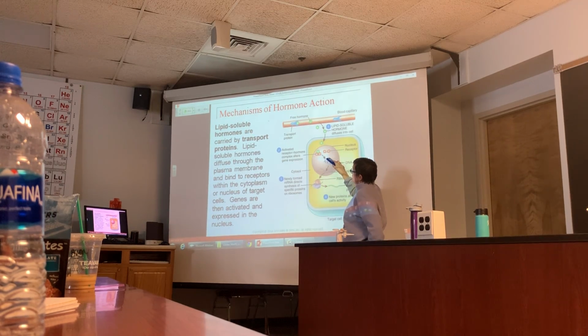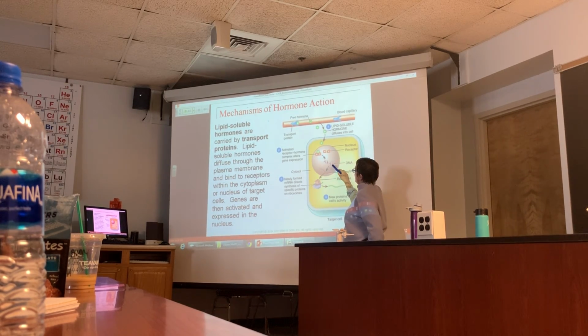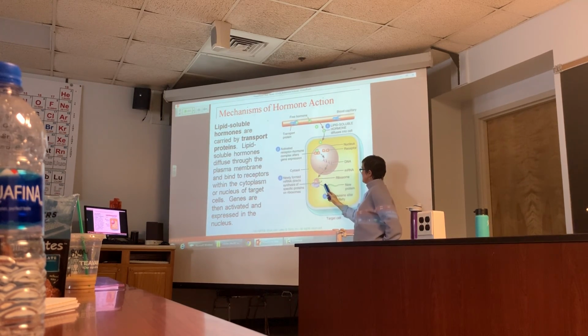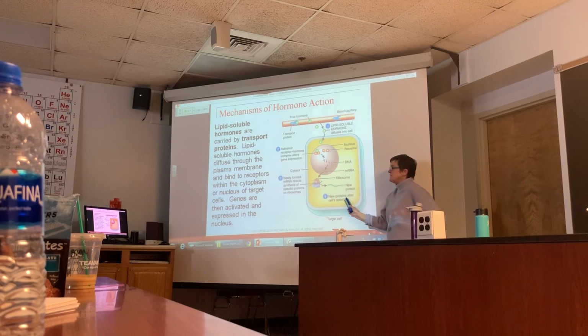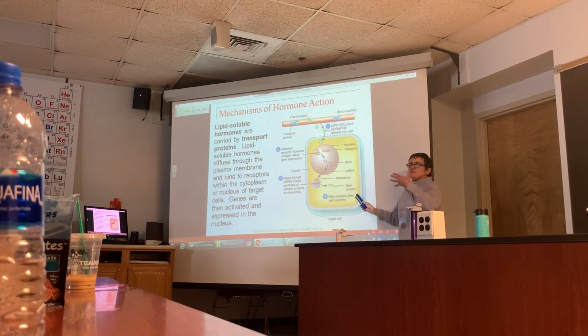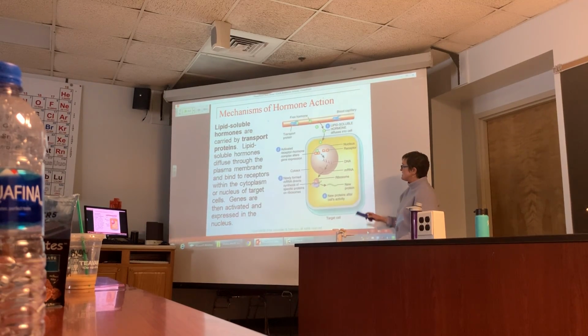It moves into the nucleus and binds to a receptor there. This binding turns on a gene. The gene makes messenger RNA, which leaves the nucleus, goes to the ribosome, and makes a protein. That new protein might be an enzyme or some other protein that causes a change in the physiology of the cell, activating some response.